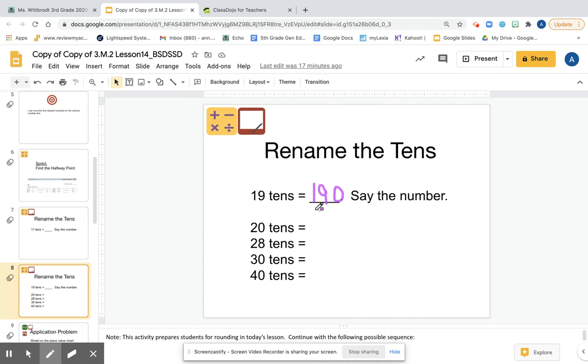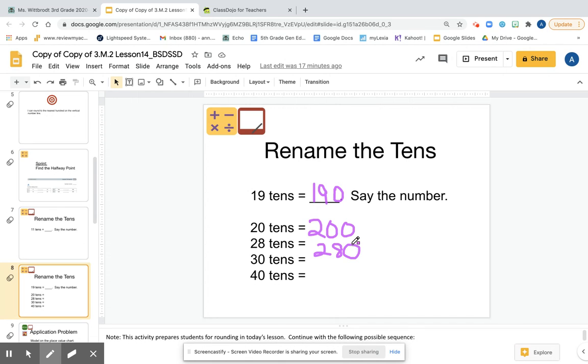Okay, if you got 190, say the number 190, that would be 19 tens. 20 tens, you should have gotten 200. Say it with me, 200. 28 tens would look like 280. Say it with me, 280.